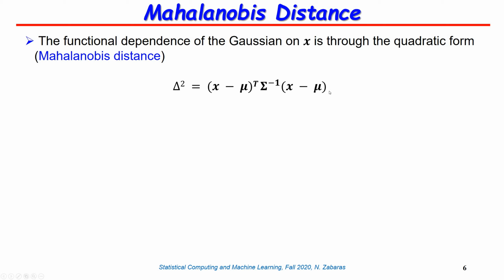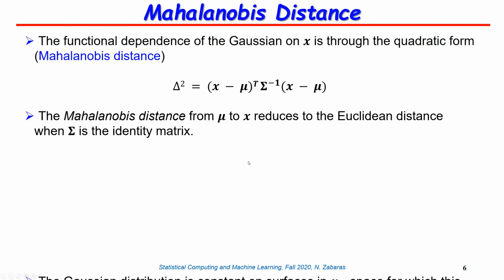So effectively the Mahalanobis distance is independent of whether or not sigma is a symmetric matrix. But with that said, in our calculations, obviously sigma is a symmetric positive definite covariance matrix.